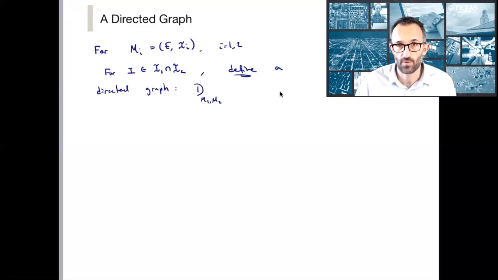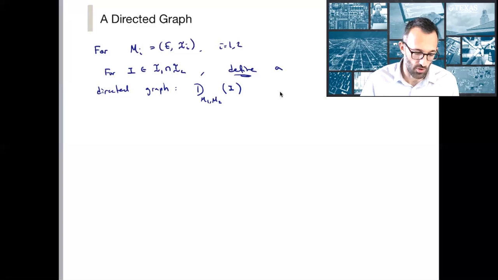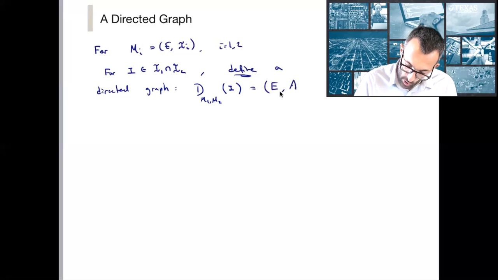Again, if it's clear that I'm talking about matroids M1 and M2, perhaps I will drop the subscripts, but I don't want to confuse it with a situation where we're talking about the directed graph just for one matroid. On a vertex set, the vertex set, as before, is going to be the ground set and a set of arcs.